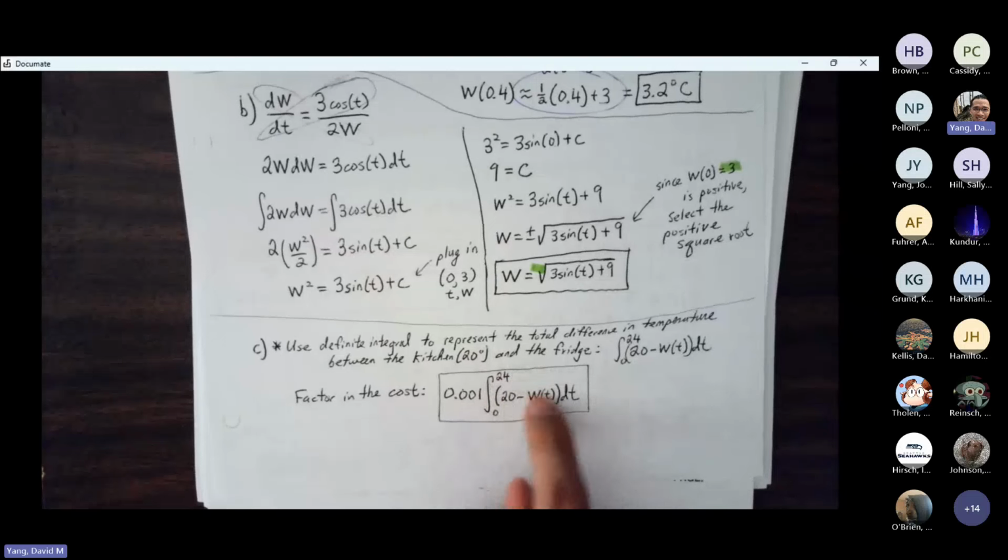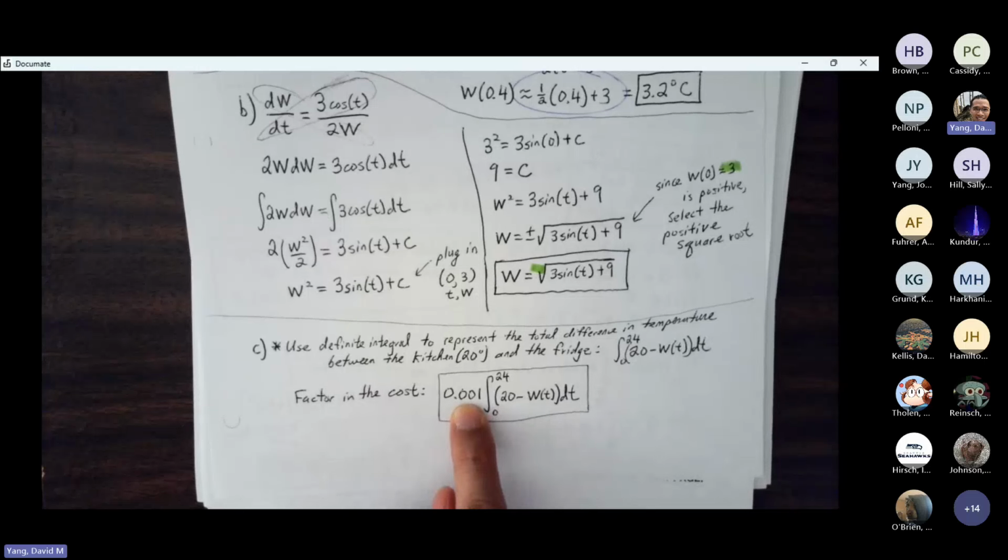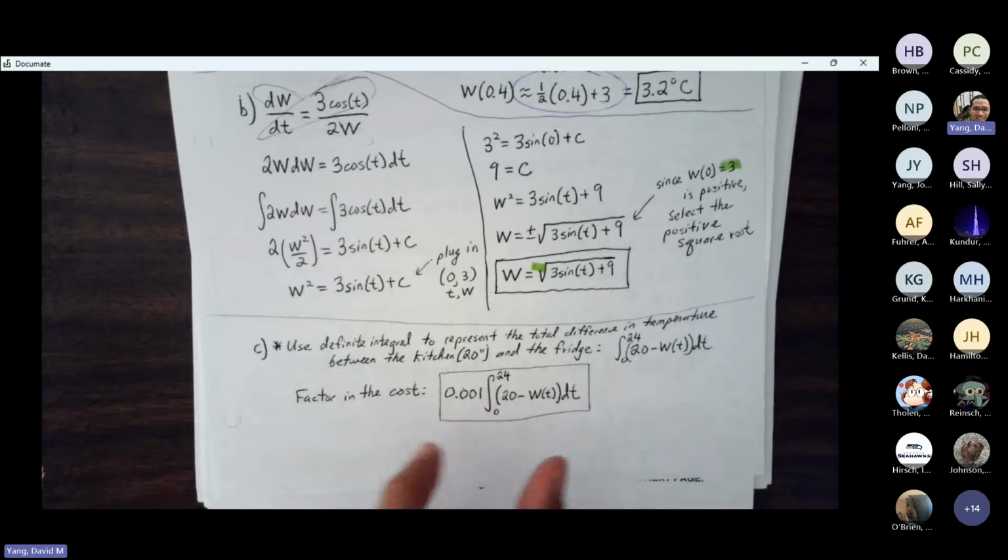We want to accumulate all the difference between the temperature inside and outside the fridge over that 24-hour period. Whatever this value is, this will accumulate all the changes in temperature, difference in temperature between the kitchen and the fridge, and we're going to take all that difference, multiply that by $0.001 to get the total cost over that 24-hour period.